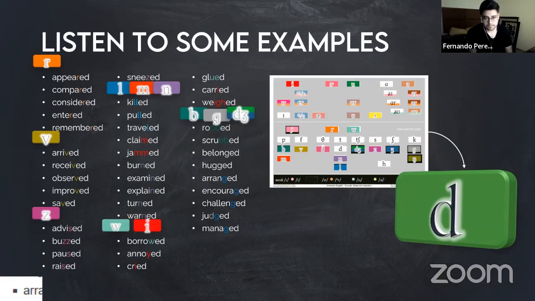Belonged. Hugged. Arranged. Encouraged. Challenged. Judged. Managed. Ta-da! Easy peasy, Japanesey.